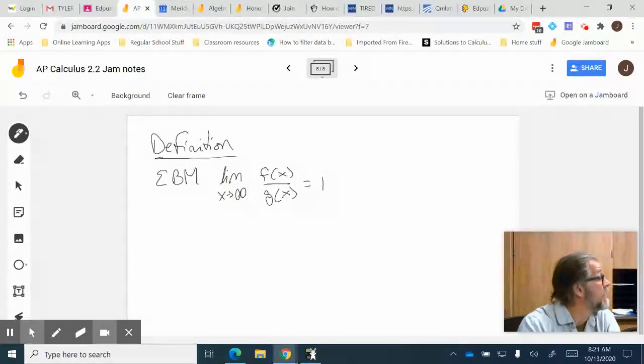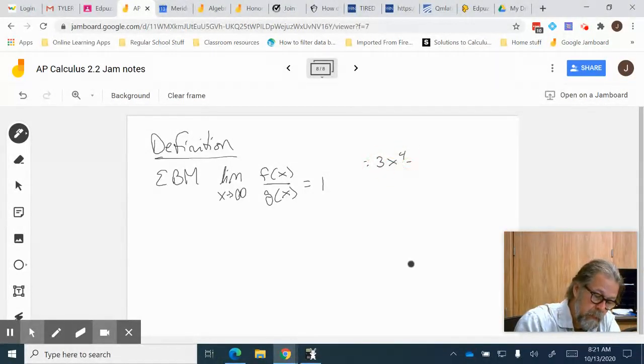The limit as x goes to infinity, f of x over g of x equals 1. So if you look back at the previous functions, we've got f of x was 3x to the fourth minus a bunch of smaller stuff. G of x was just plain old 3x to the fourth. This stuff becomes insignificant, and we're left with a 1.